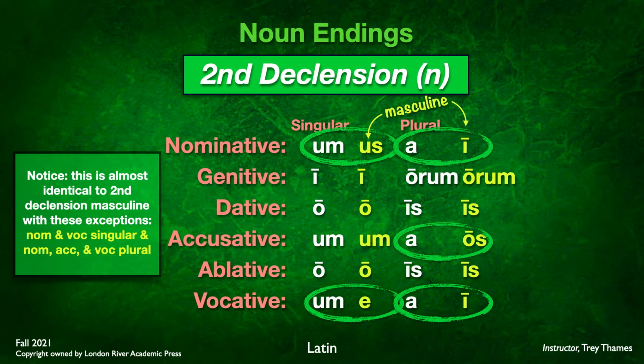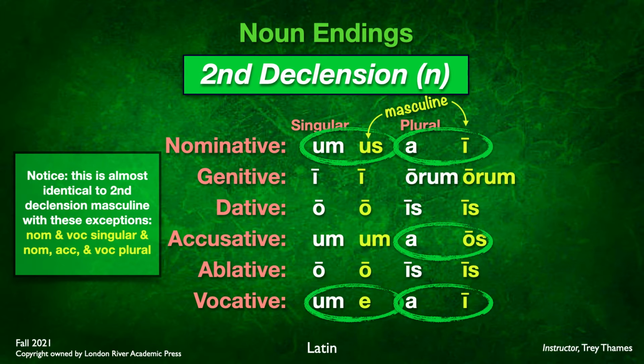So in neuter, it's the same in the vocative. We did say that second masculine is the one place where that breaks the rules. It's the exception to the rule. So there it's us and the letter E, and vocative is not the same. In the nominative plural, instead of the long I, which we pronounce E, we have a letter A.